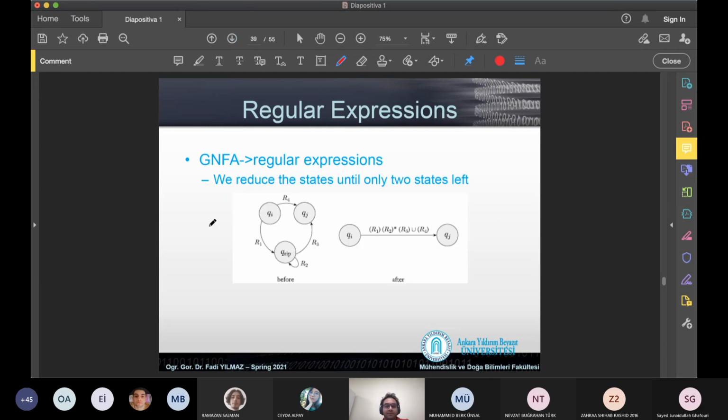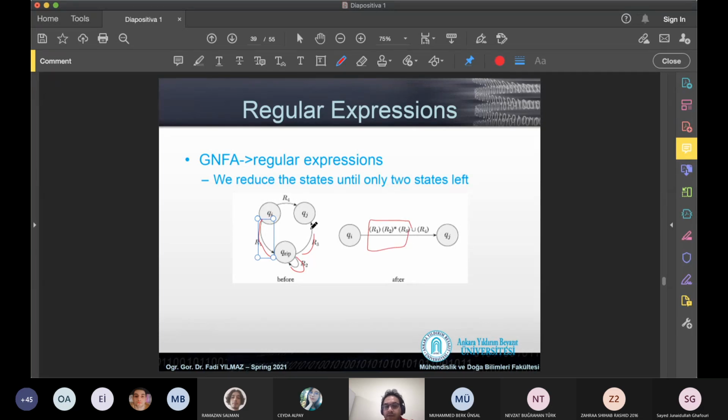Okay, guys, let's look at this one. So this is a GNFA. This is not quite a GNFA, this is just an NFA, right? And we just show how we can reduce the arrows from QI to QJ. Okay, guys, so first here, we have R1, right? And then with R2, we can have as many as R2. And then we have R3. This is the first part. Then we can reach QJ.